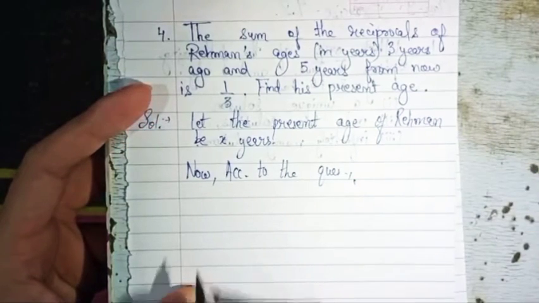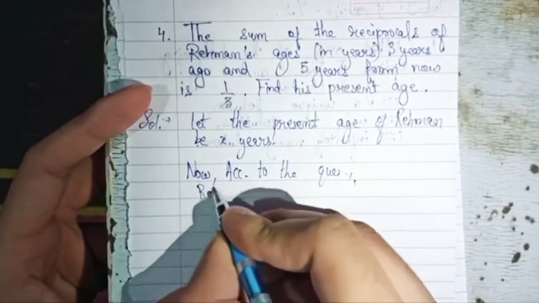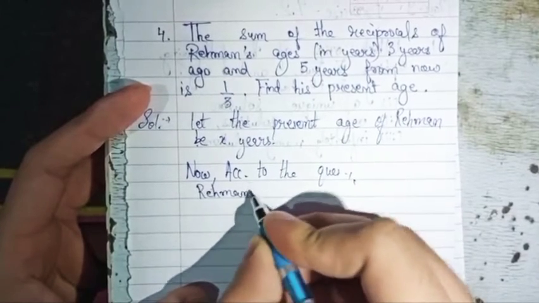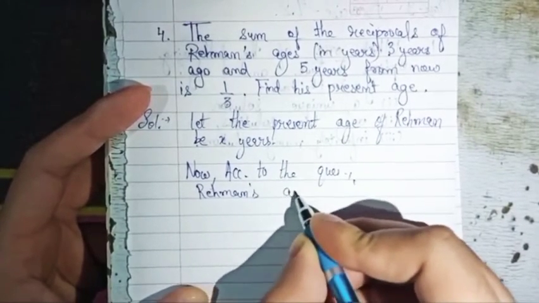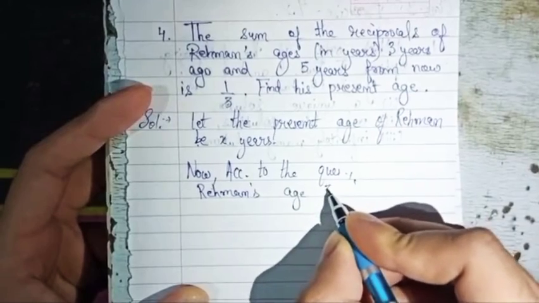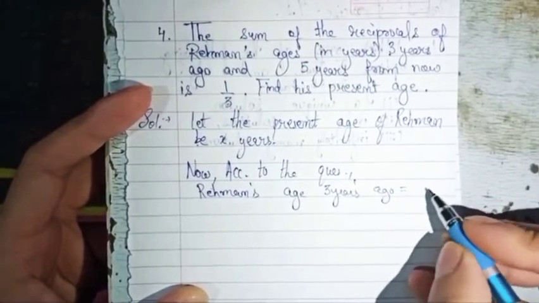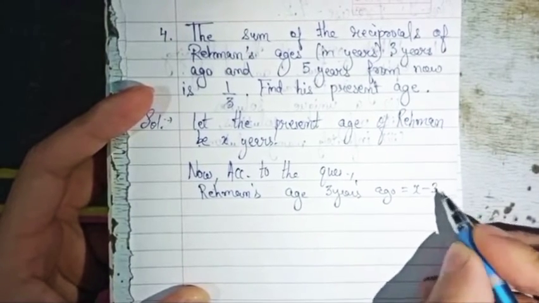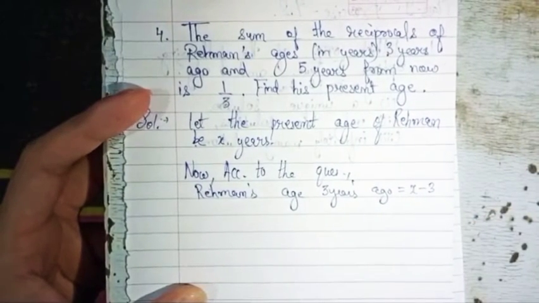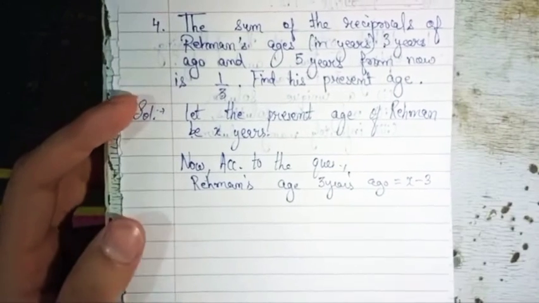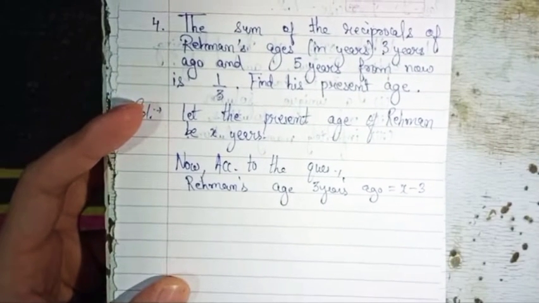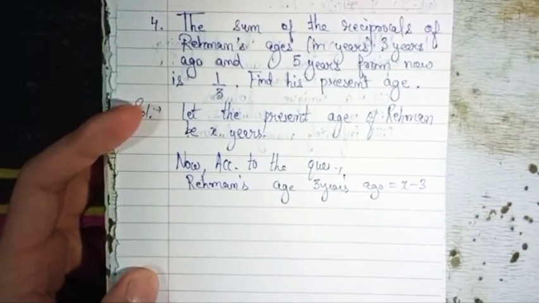Okay, first of all, Rahman's age three years ago is equal to x minus 3. Suppose Rahman is 10 years old, then 3 years before he was 7 years old. How did we calculate? 10 minus 3, that is 7.